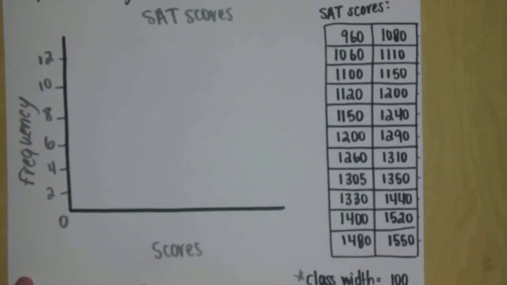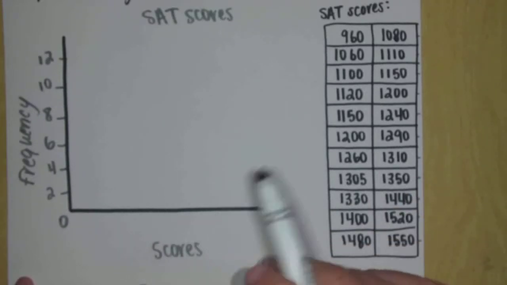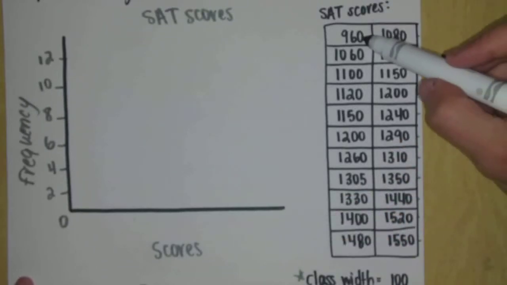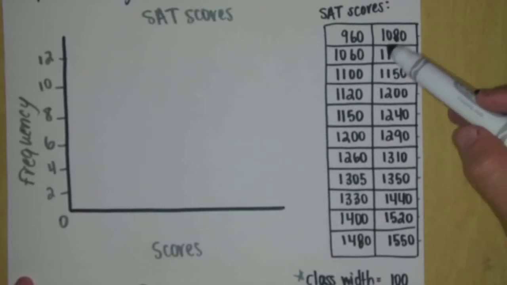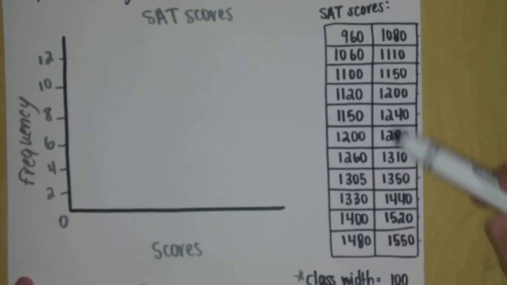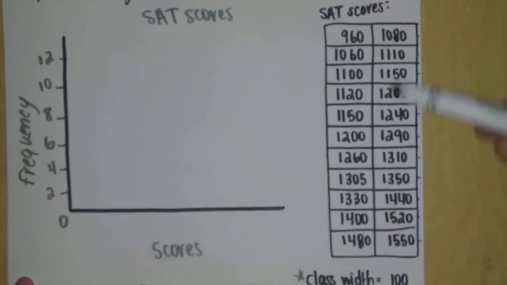Again, class width being 100 means I'm going to have certain classes written across the bottom that span 100 points. I need to at least include my lowest value. And you can see these are kind of organized, but certainly no values less than 960. And it does look like 1550 is my highest. So I've got to span from 960 to 1550.